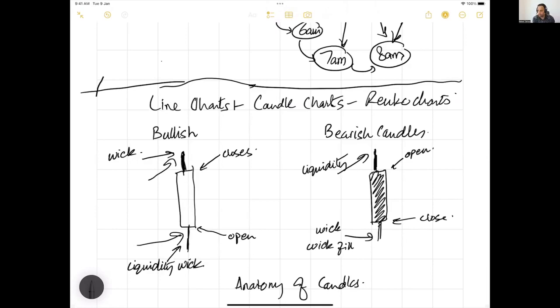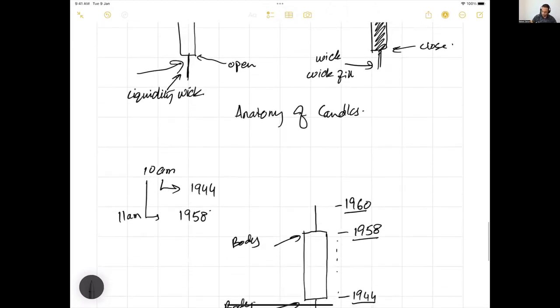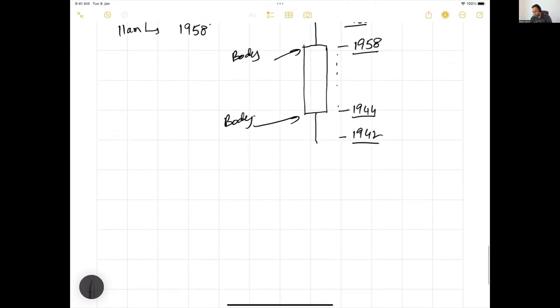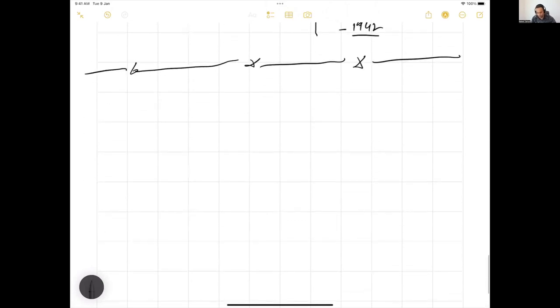Which we're going to talk about later here as well. So the first thing we're going to talk about is a liquidity wick. Before we talk about it, it's very important to visualize what a liquidity wick basically means.